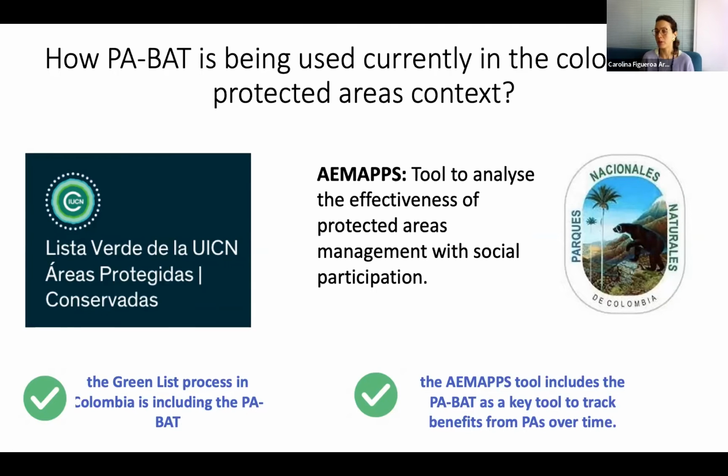It's called IMAPS, and it's a tool that is used every certain time to check the effectiveness of management and the state of conservation in protected areas. So the good news is that, again, PA-BAT has been included into this tool, adjusted to make it perhaps quicker to do.